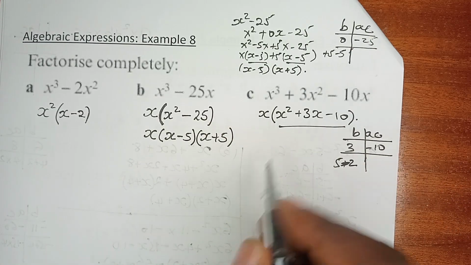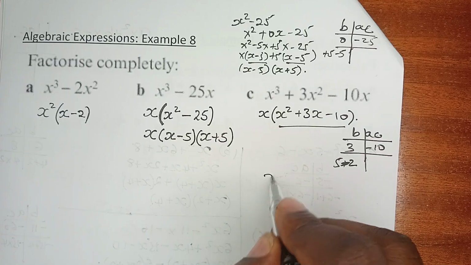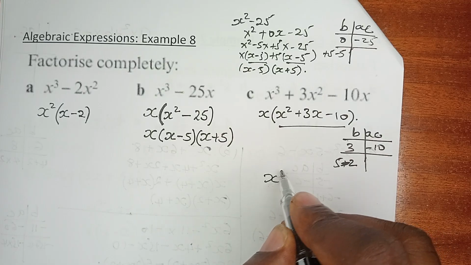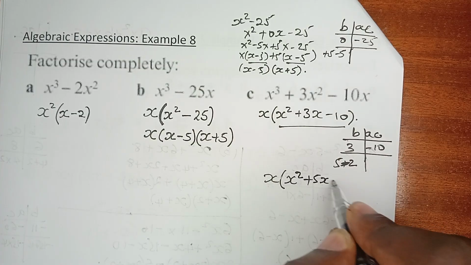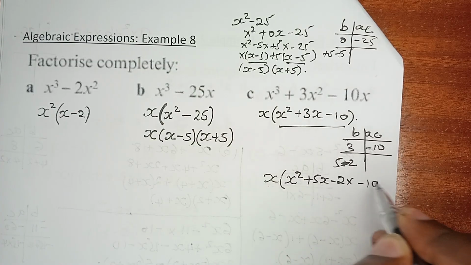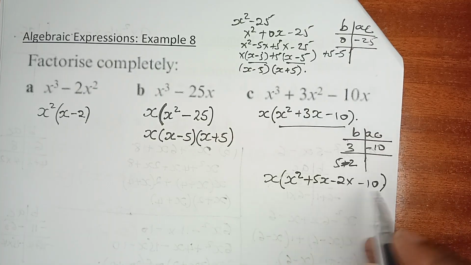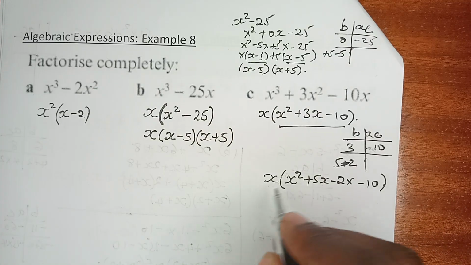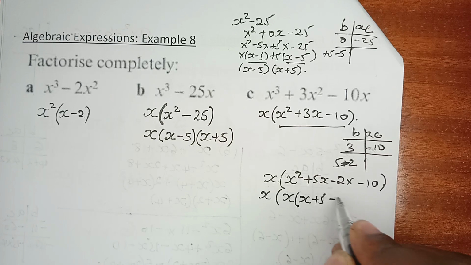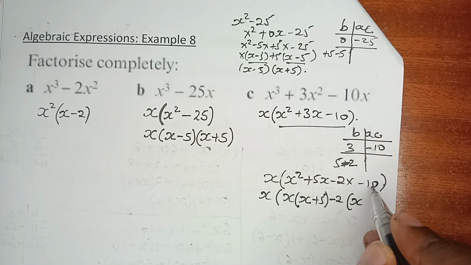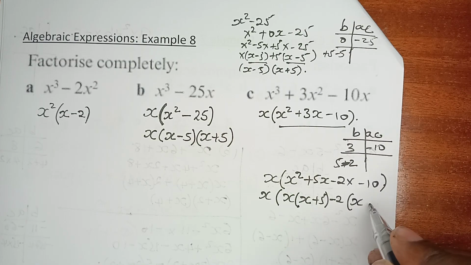So let's now substitute this and have it like x open brackets x squared plus 5x minus 2x minus 10. Let us factor out this x into bracket, x open brackets, x plus 5 minus 2, x, negative 10 divided by negative 2 is plus 5, close bracket.